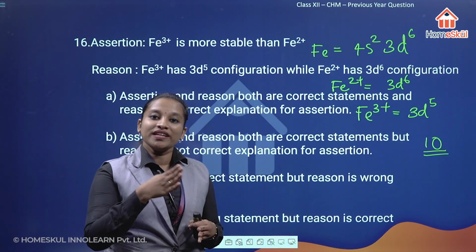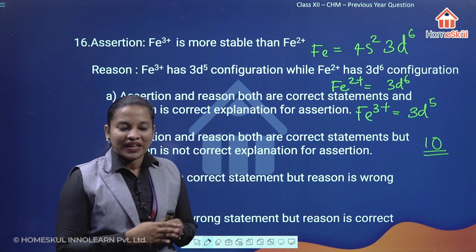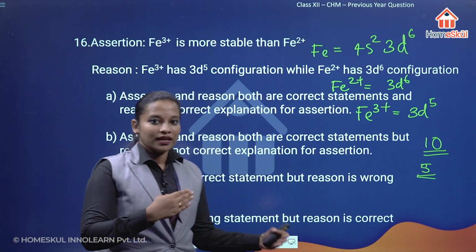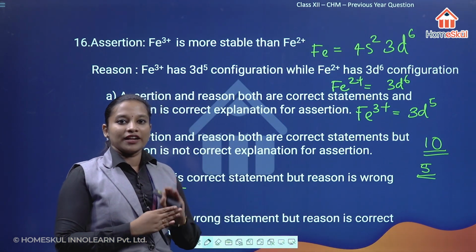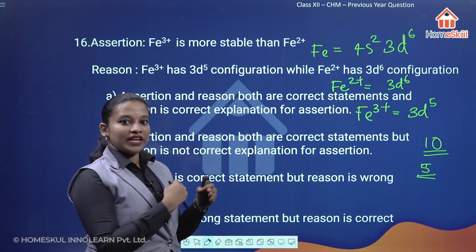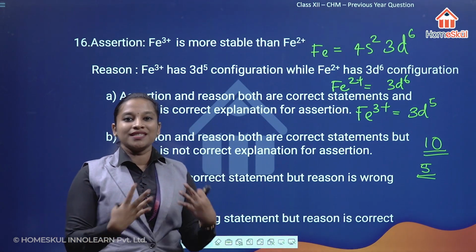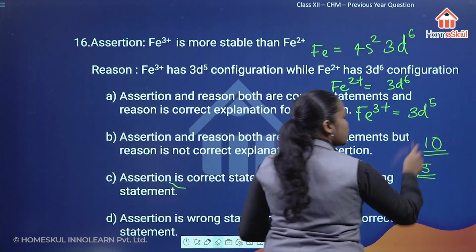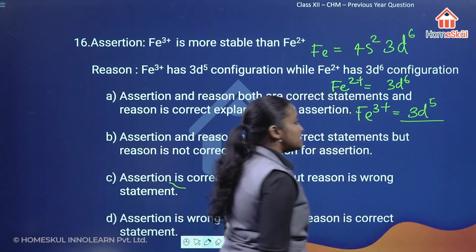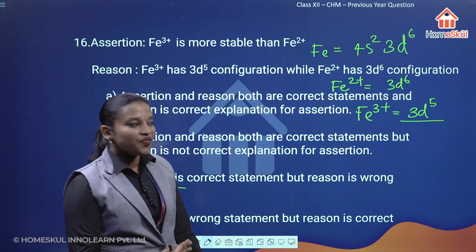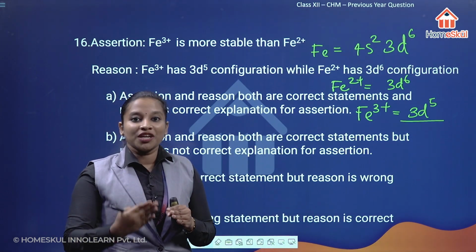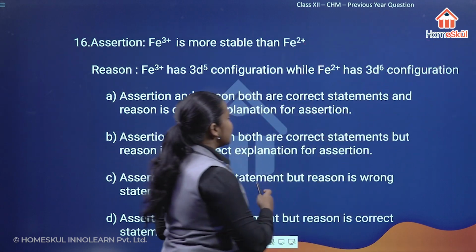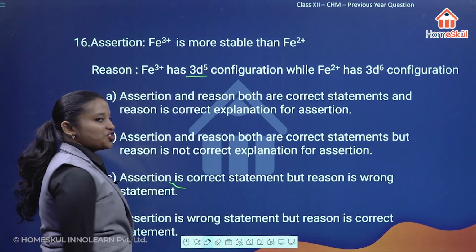And we already studied in our 11th standard, if it is half filled, that means it contains 5 electrons, which is half of 10, it will also possess extra stability. So here in the case of Fe3+, it possesses 3d5 configuration. That is why Fe3+ is more stable than Fe2+. So the reason for that is it has 3d5 configuration.